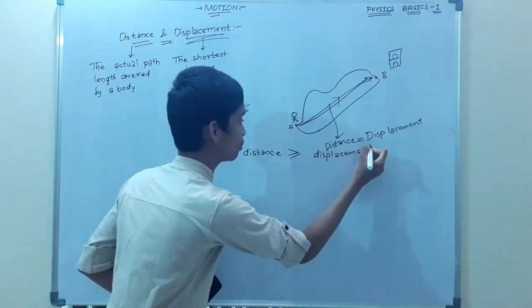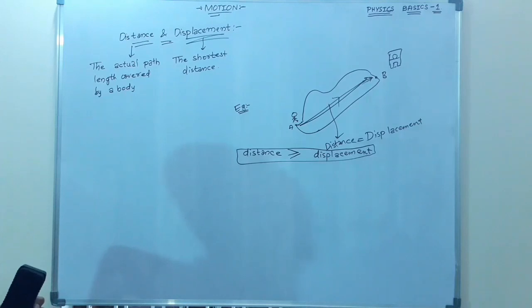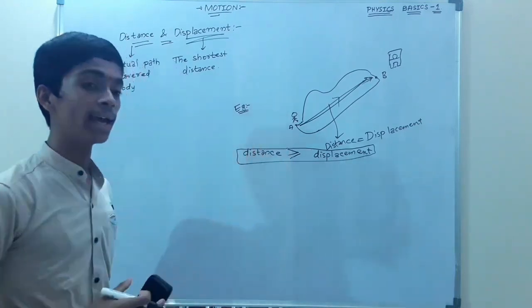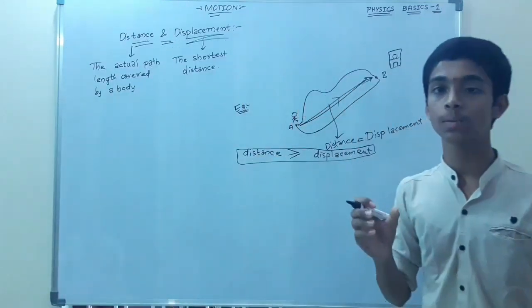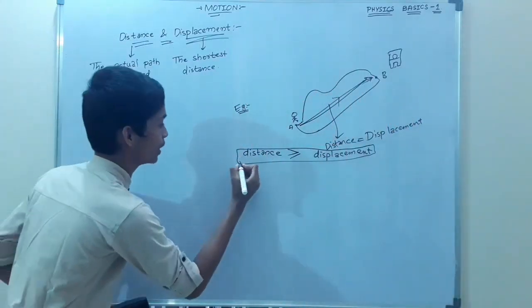So this is the most important thing in our motion. Distance is greater than or equal to displacement, but displacement cannot be greater than the distance, and this is our observation here.